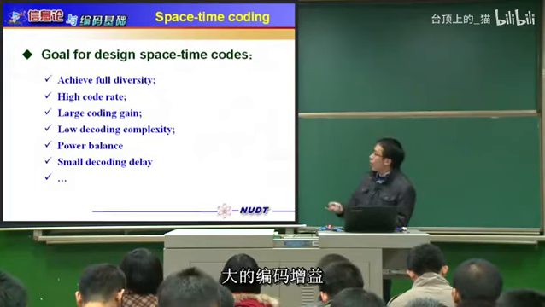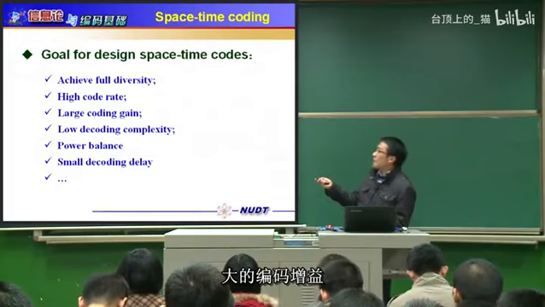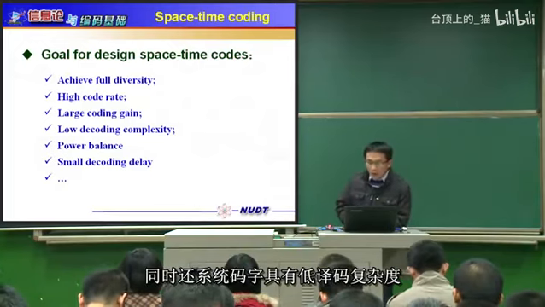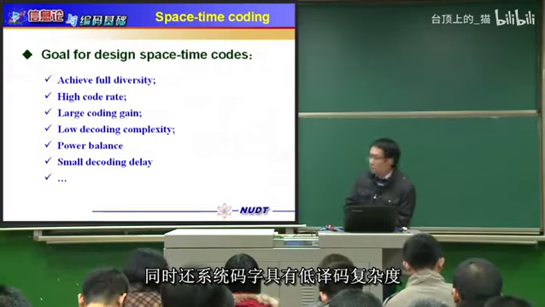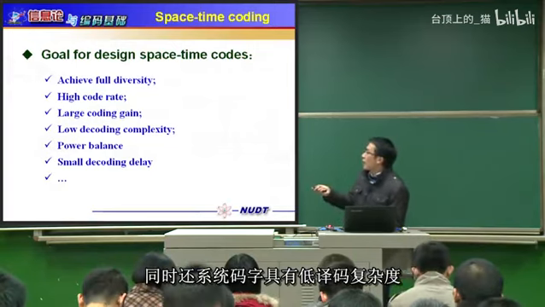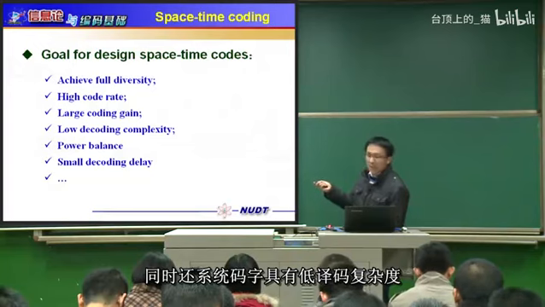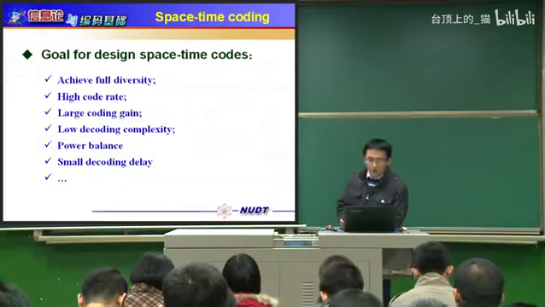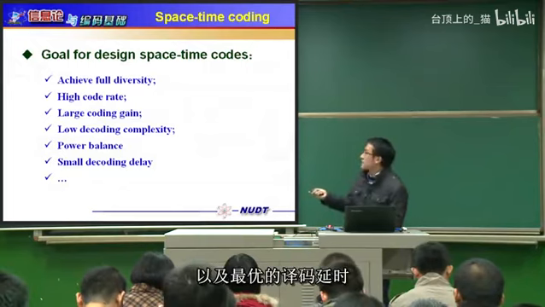And also, we hope to get a large coding gain. And then, we also hope such a code has low decoding complexity, the property of power balance, and also small decoding delay.